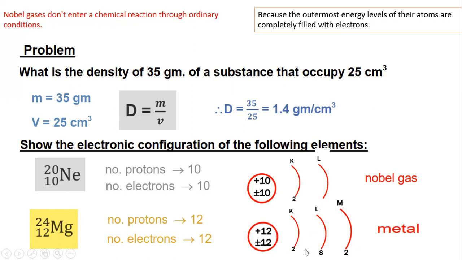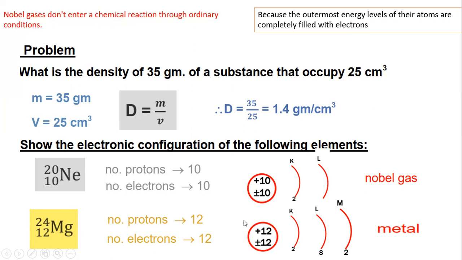So 2 plus 8 is 10, plus 2 is 12. So the outermost energy level has 2, so it will be a metal. 1, 2, or 3 electrons is a metal, more than 5, 6, 7 is a non-metal, and 8, like this one, will be a noble gas.